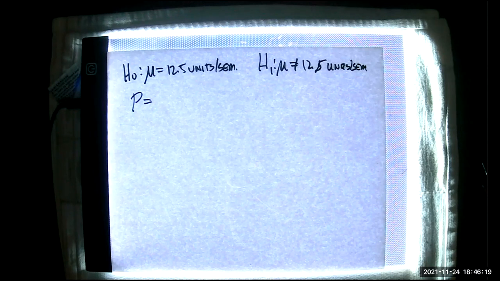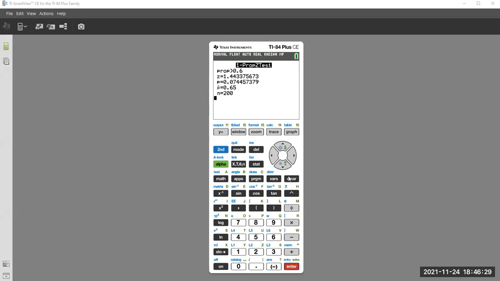We use a t-test here. You've seen me do this a number of times, but let me run through the keystrokes again. There we go. So, stat, test, t-test. I have statistics. My null claim was 12.5 units per semester.